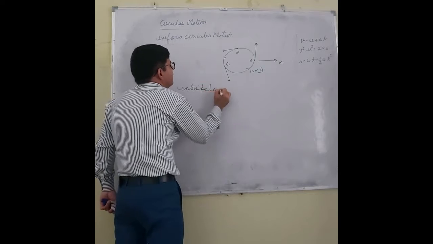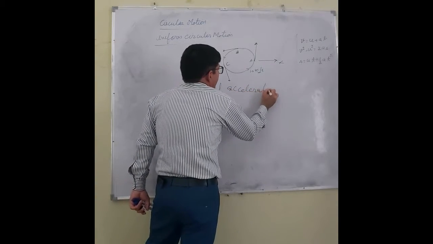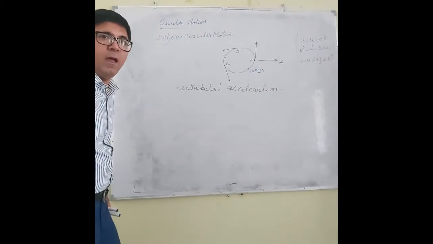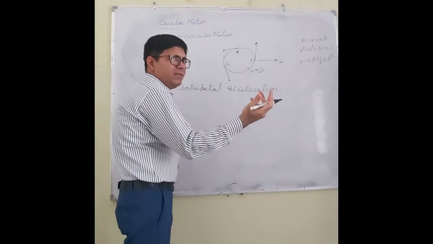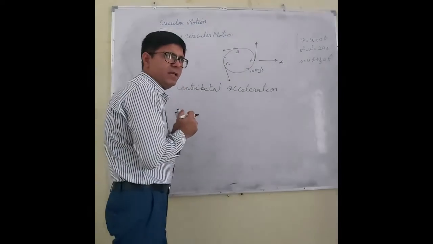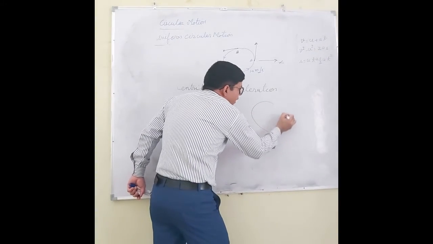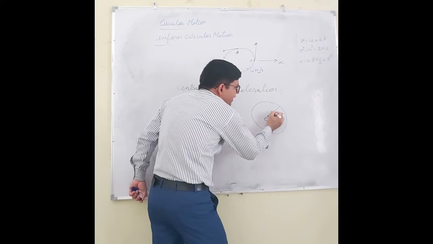Centripetal acceleration. That acceleration is called the centripetal acceleration. And what is the direction of that acceleration? Why is it given the name centripetal? It is because the acceleration acts towards the center.